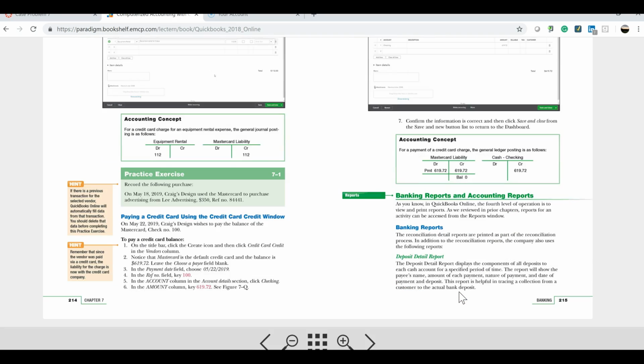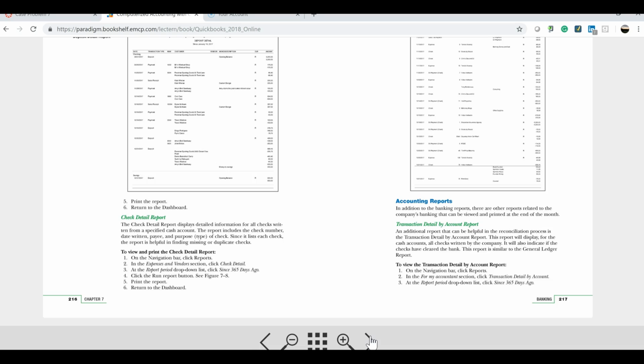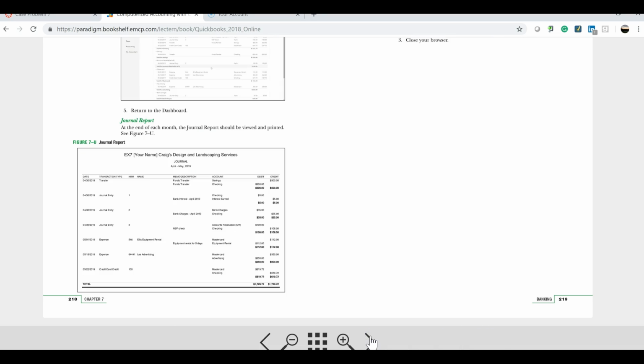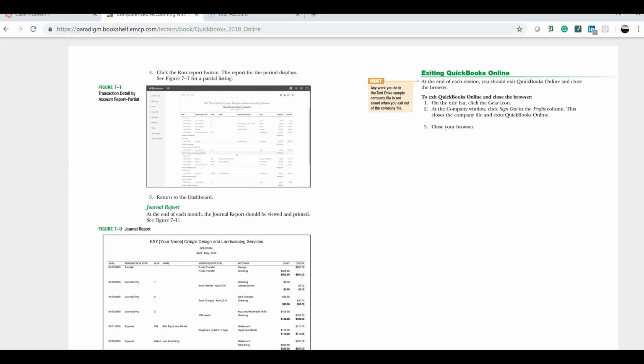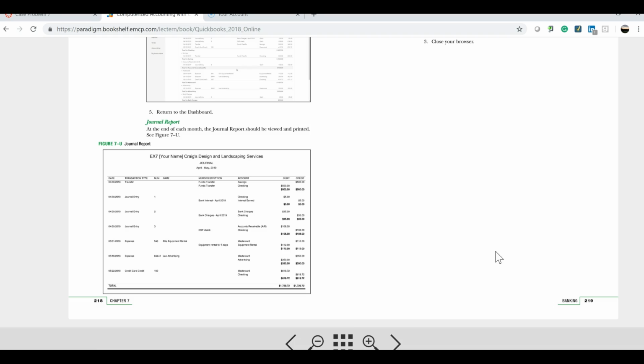And then finally, your banking reports, what you need to print out, and any other accounting reports. So this is where you will print to PDFs to turn in for a grade, those 4 reports. And you've done these before, so this will be a review, but it will look a little different because of the new types of transactions that you're encountering.